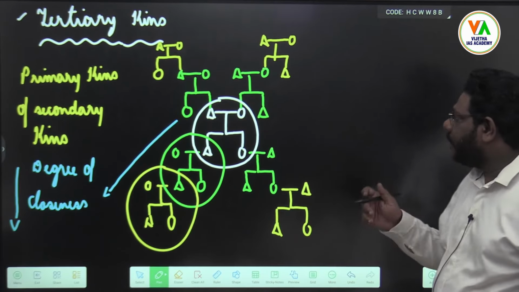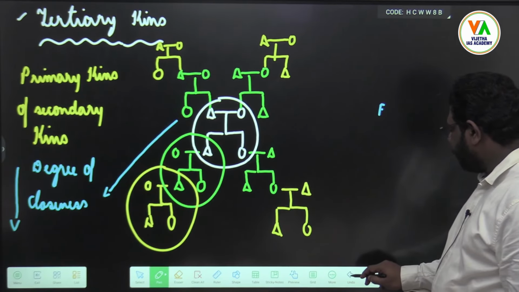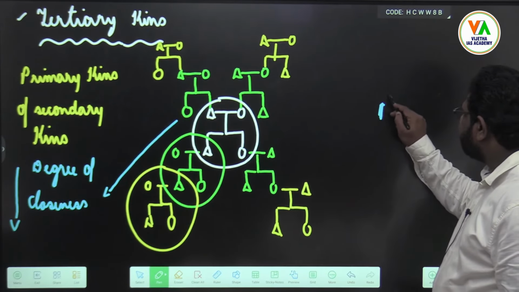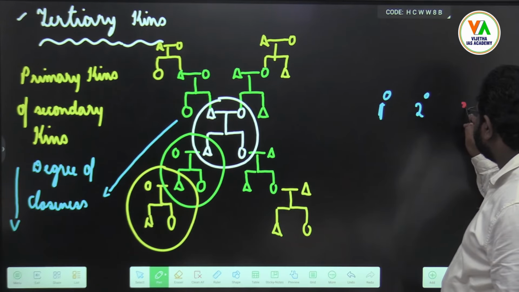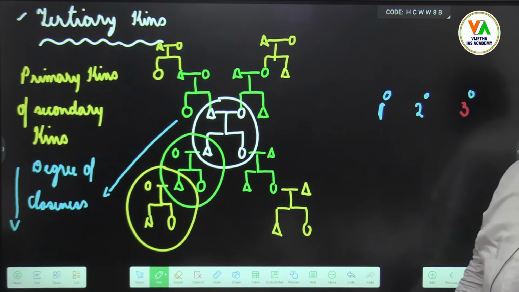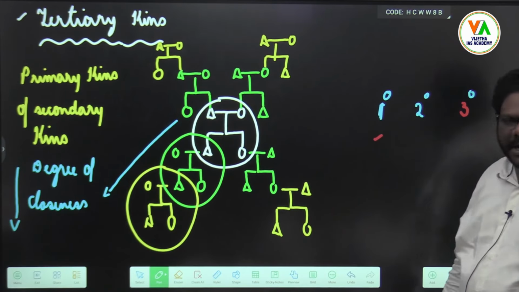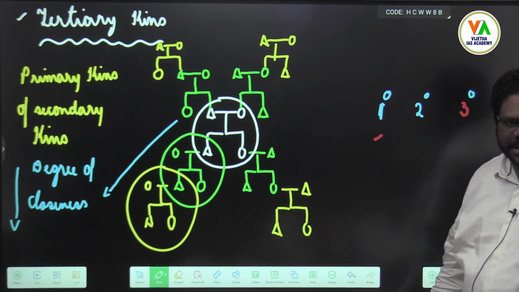Say for example, you take members of a nuclear family, that means you take primary kins, you take your secondary kins, you take your tertiary kins. Any loss experienced in the primary one, the sorrow or grief is more, yes or no?